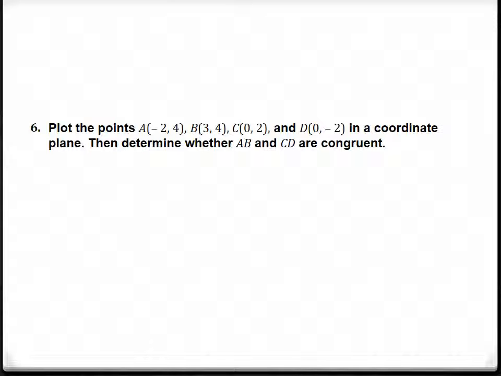Count them, just like the frog, or take the absolute value, because these are horizontal and vertical lines, and determine whether or not they have the same measure. That is, are they congruent? Either stop the slide now to do this, or I will take a few minutes and then we will move on.